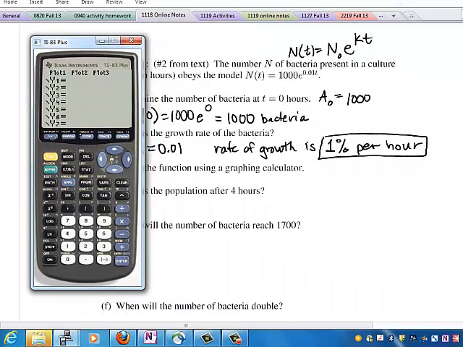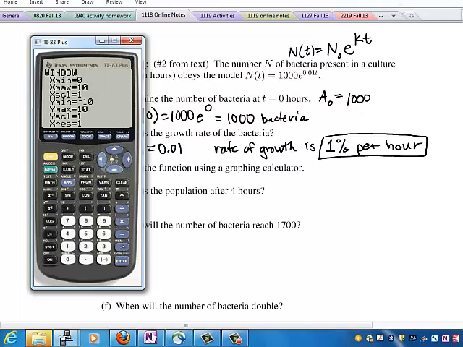We want to put y equals 1000 e to the, to get the e to the, you push the second button and then the natural log key, which will bring up an e with an exponent built in. We want to make sure we have 0.01 and x both in the parentheses, so those both get on the exponent. And then for our window, we're talking about time probably being positive here.